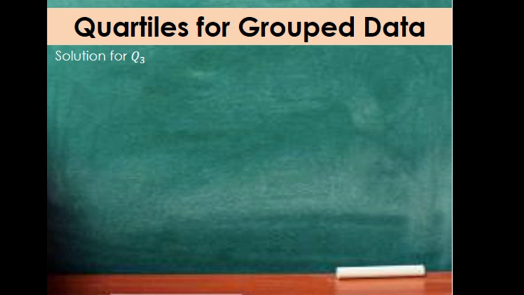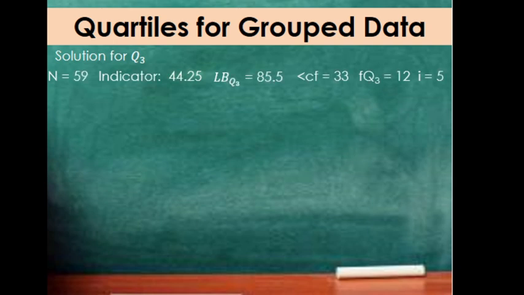Ang gagawin naman natin ngayon is to substitute the respective values of the components of the formula. So, ulitin lang natin, yung n is equal to 59, indicator is equal to 44.25, lower boundary is equal to 85.5, less than cumulative frequency is equal to 33, frequency of quartile class is equal to 12, and i is equal to 5.